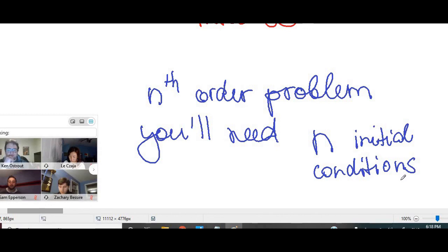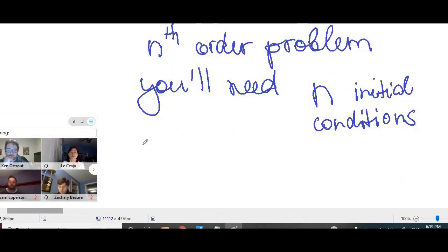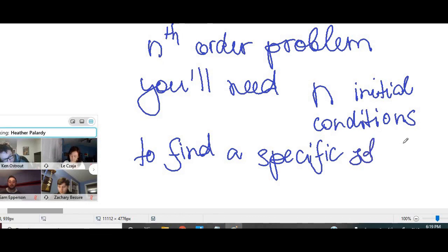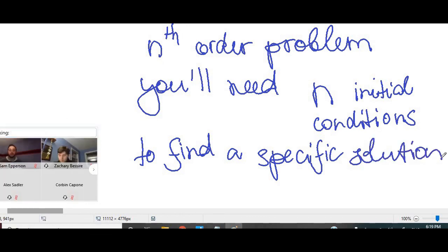Am I making any sense? Because otherwise you'll be stuck with a bunch of those C's, C1, C2, Cn dangling around, right? Am I making any sense?